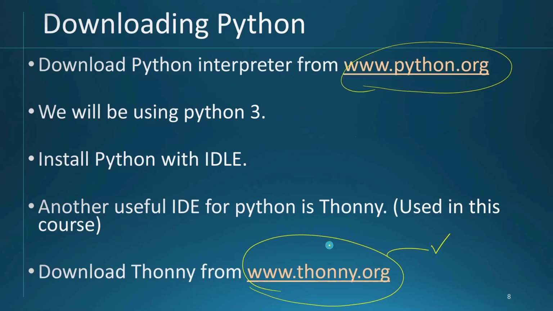If you're following this course, I recommend you install Thonny. Just go to this website, download it and install it. It's a very easy process, but if you have any problem, there is another video I have created in which I go step by step through how to install the Python interpreter from python.org and also how to install Thonny from thonny.org.